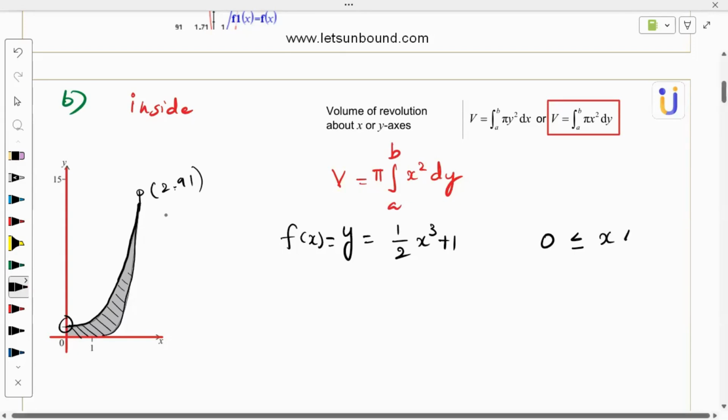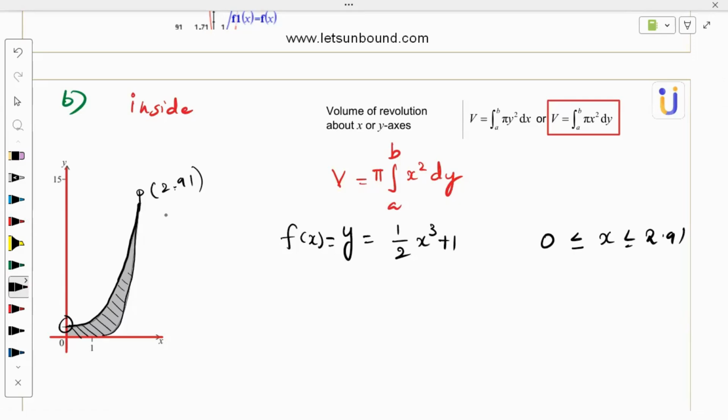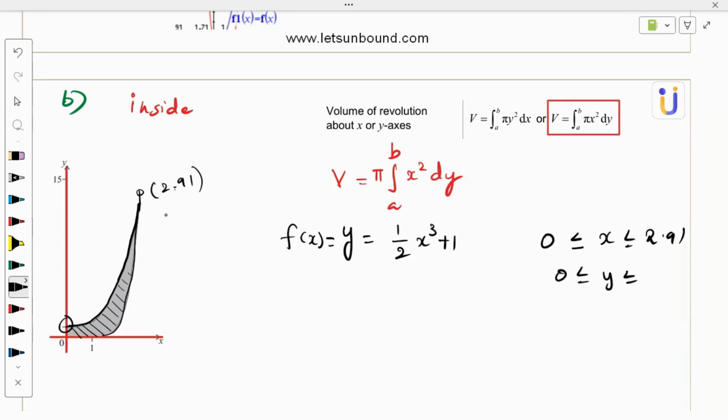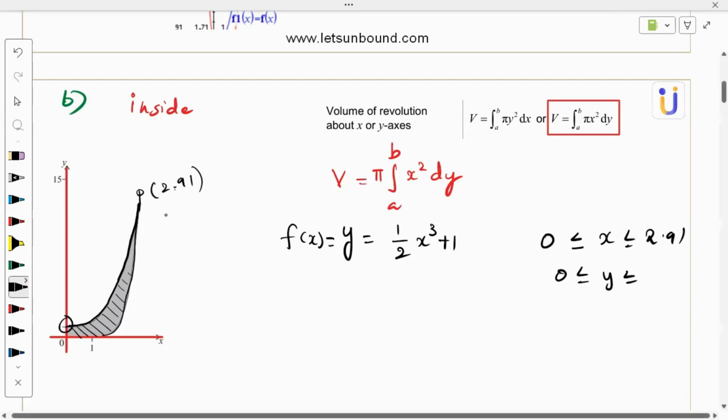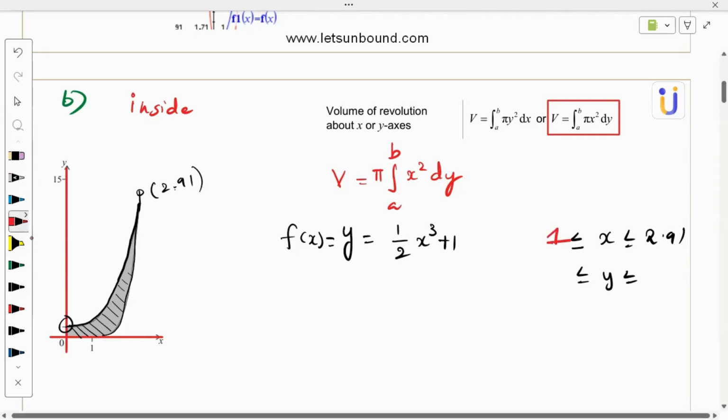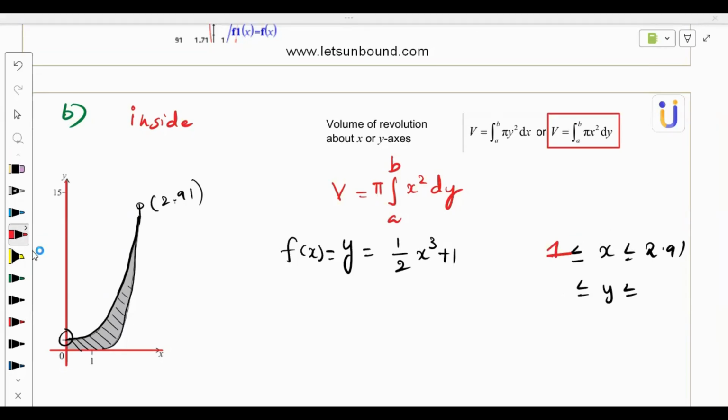This is for x, but because my integration is around y, like we are slicing along the y-axis, the bounds also should be related to y. That is one more important thing to notice. For x, it's 1 to 2.91, and we can just get the bounds from the graph.